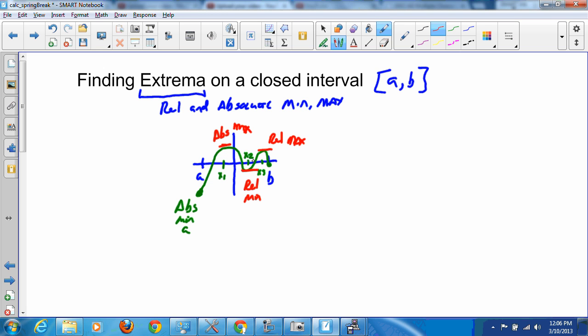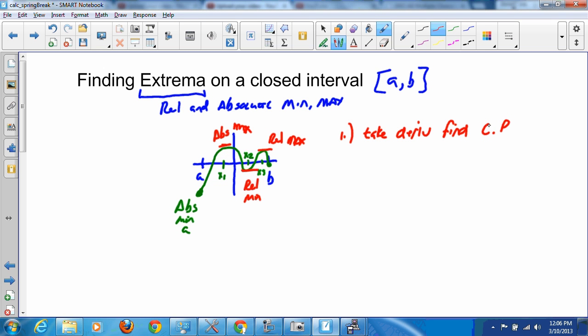So what are the steps? Well, if you don't have a picture of the graph, the first thing you have to do is take the derivative of your function and find the critical points.